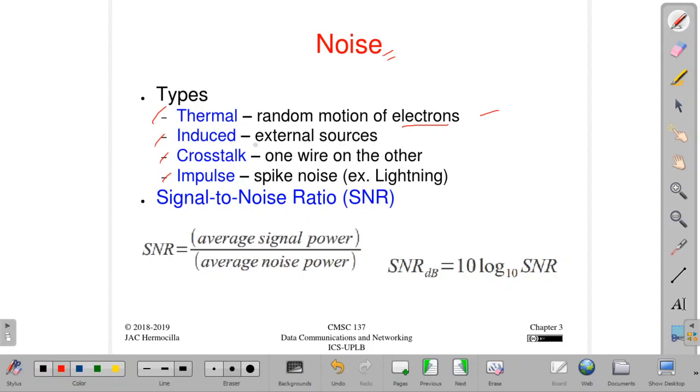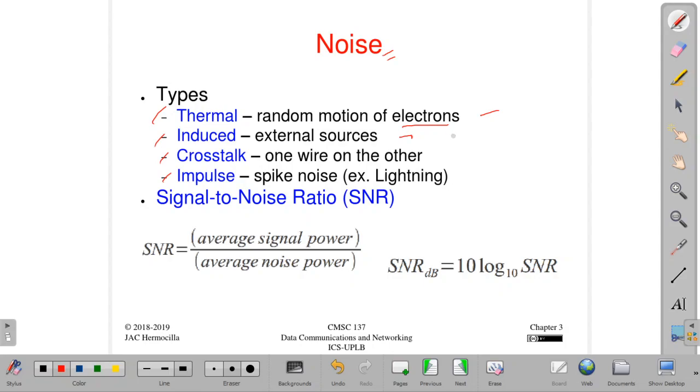Then we have induced external sources. For example, some devices act like antennas, and they generate signals that affect the signal traveling on a link.